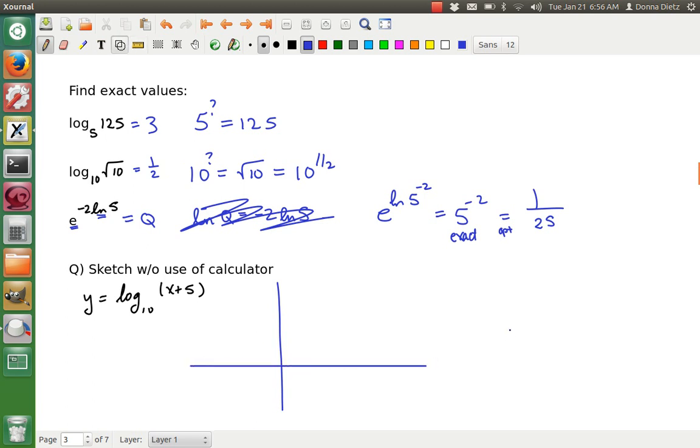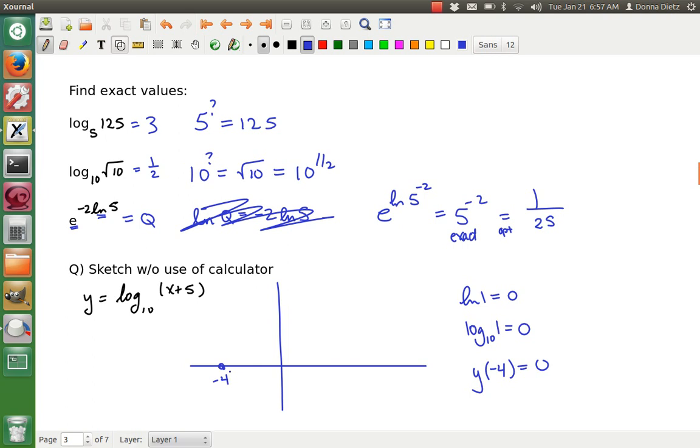It's a little better. Okay, so we always think natural log of 1 is 0. Well, log base anything of 1 is equal to 0. So log, in this case, y of negative 4 is equal to 0. So we put it on the plot.